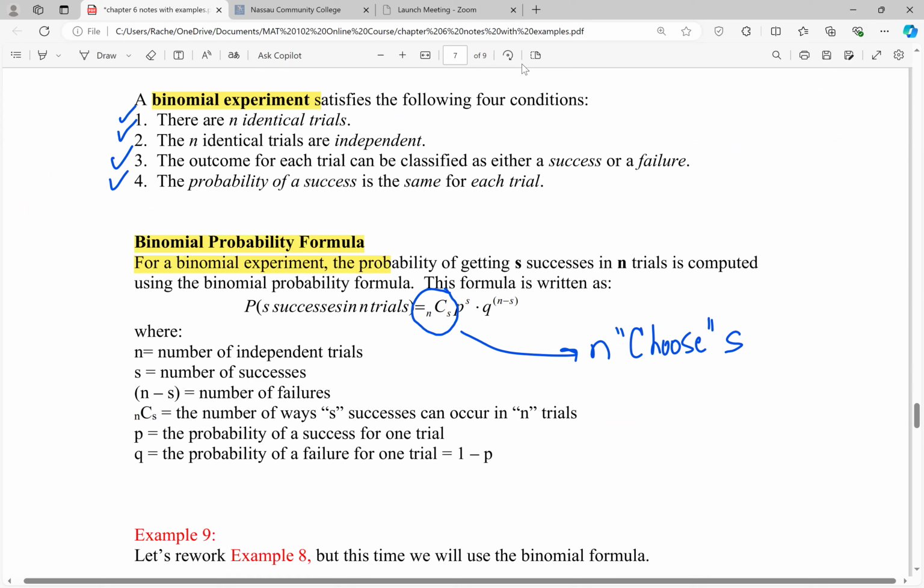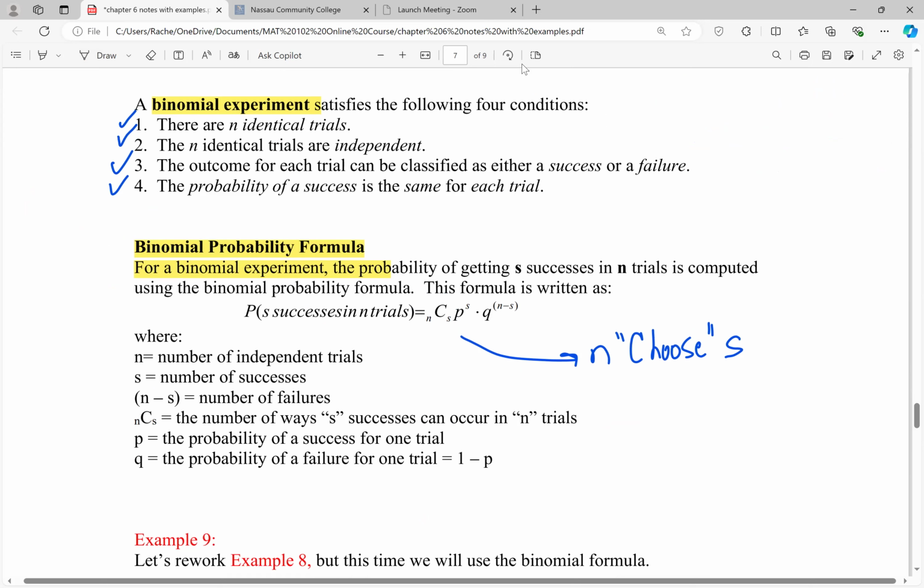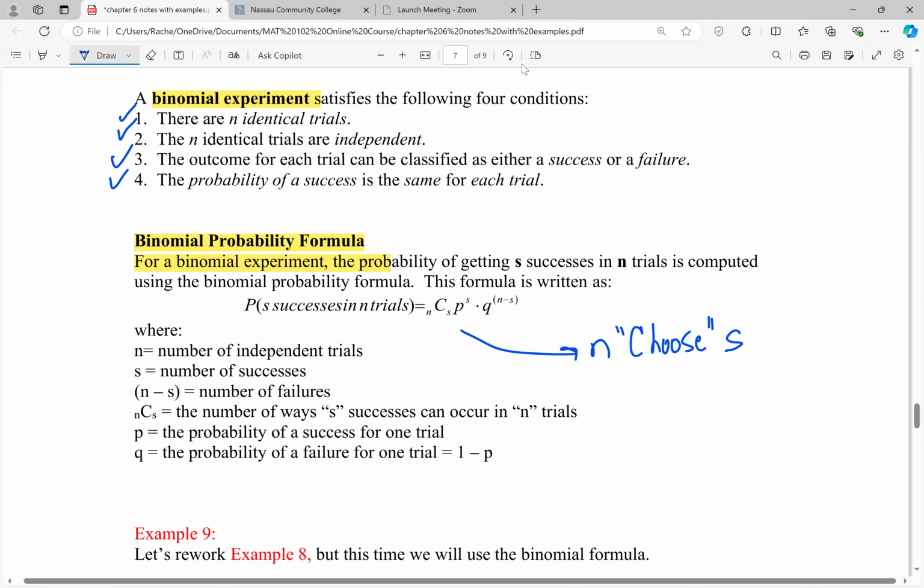Then we multiply that by P raised to the S power, where P stands for the probability of a success for one trial. And we raise that to the number of successes that we're interested in computing.